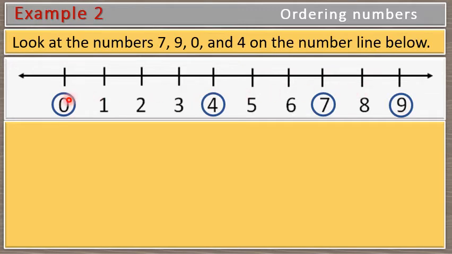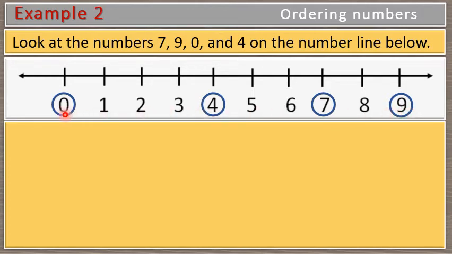Therefore, the numbers we have marked on the number line are in increasing order if we come from left to right. That is, 0 is the smallest among the 4 given numbers, and the next smallest number leaving 0 is 4, next smallest number is 7, and the greatest number is 9.